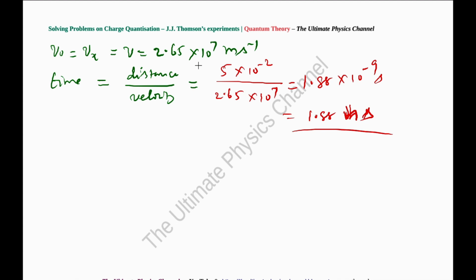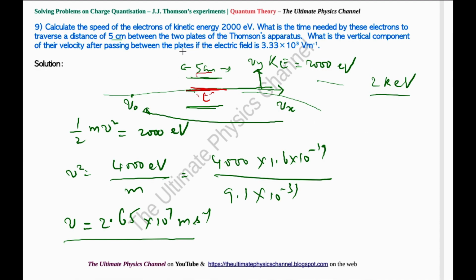Right, so first part we have answered, that is the velocity part we have calculated. Second part is the time part. What is the third part in this question? Vertical component of the velocity. Electric field is given. What is the time needed by the electrons to traverse the distance, also we have calculated.